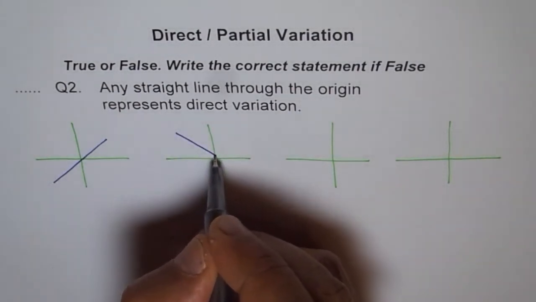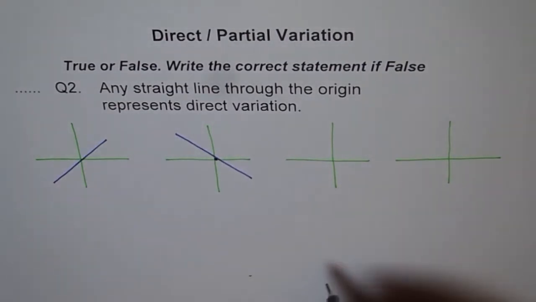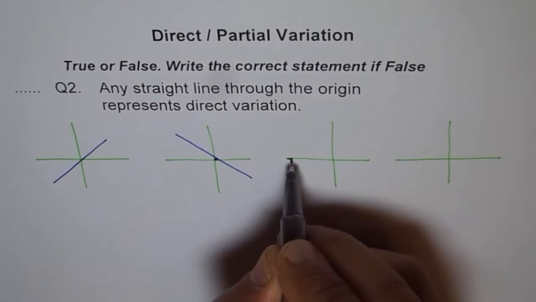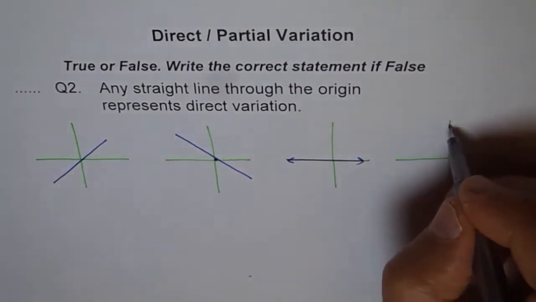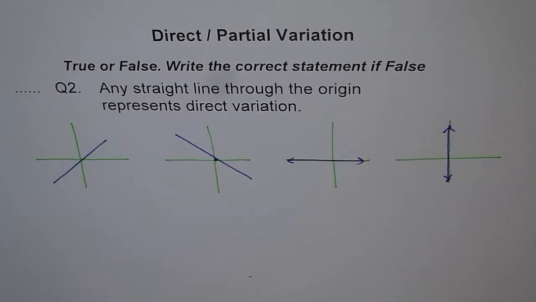How about this? Let's assume this is going through origin, okay? And how about this line? And how about this line? As you can see, all the 4 lines go through origin.